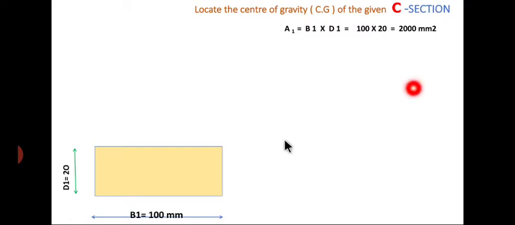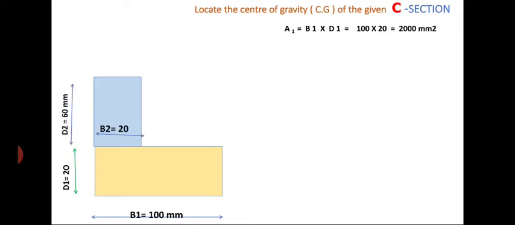Next, the area of the second rectangle is B2 into D2, that is 20 by 60 equal to 1200 mm square.